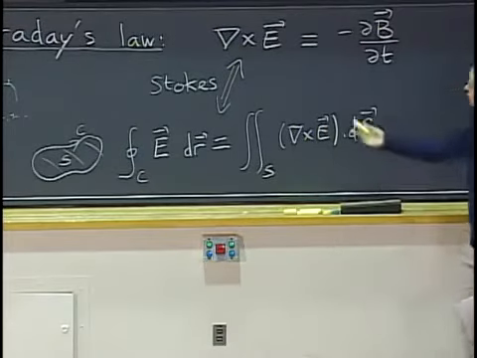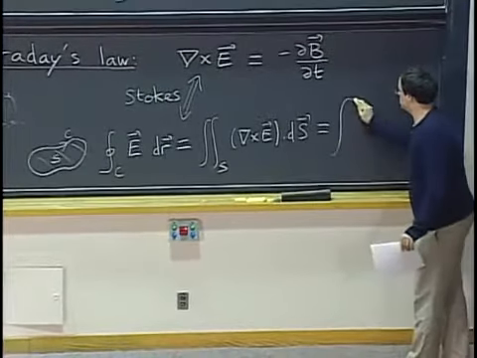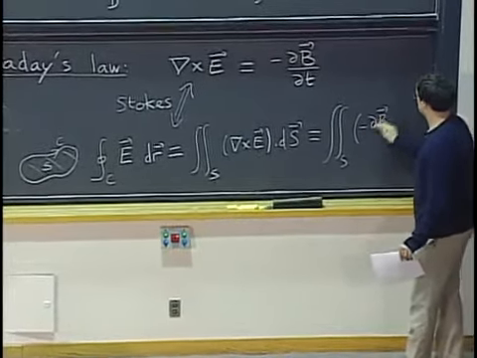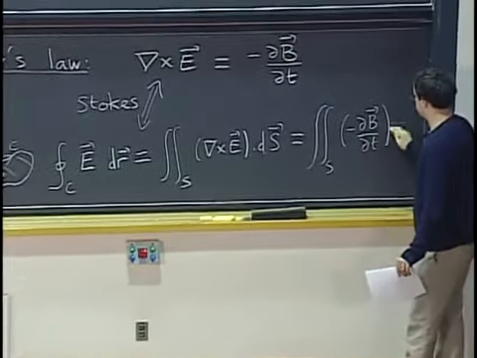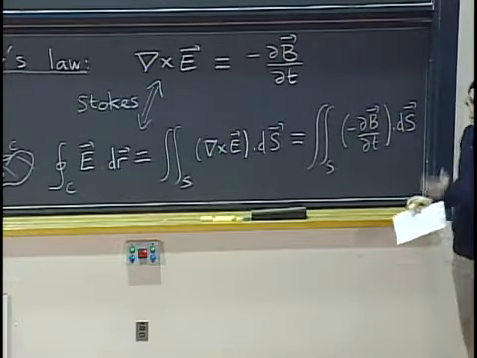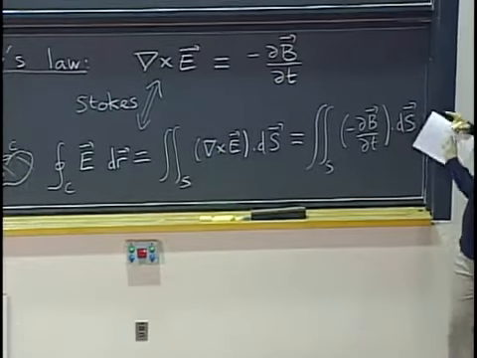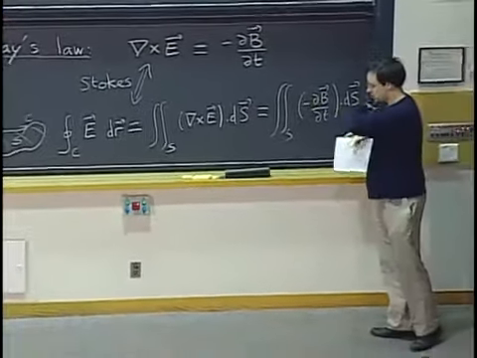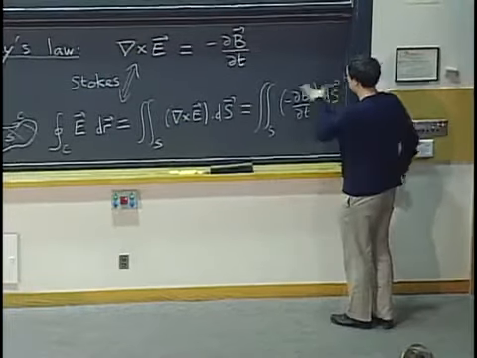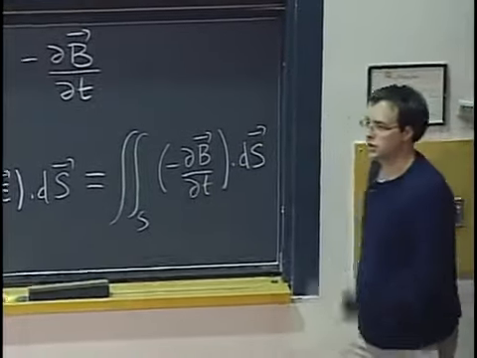That's what Stokes' theorem says. And now if you combine with Faraday's law, you end up with the flux through S of minus dB dt. And of course, you could take, if your loop doesn't move over time. I mean, actually, there's a different story if you start somehow taking your wire and moving it inside the field. But if you don't do that, if it's the field that's moving, then you just can take the d by dt outside. But let's not bother.